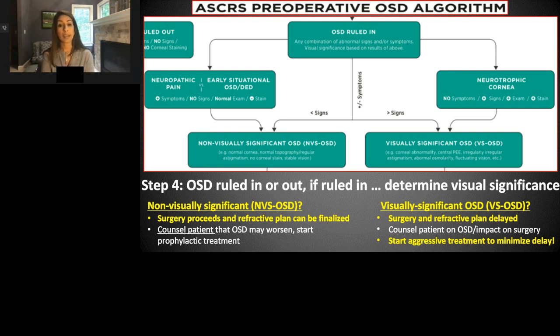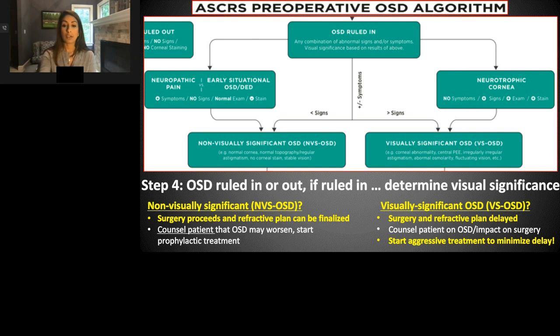Those patients can be operated on, but I think it's important for you to have a conversation with the patient, that they likely have some sort of ocular surface disease, and that they may actually have more symptoms after surgery, but that they can proceed because, refractively, there isn't any sort of compromise to the ocular surface prior to surgery.